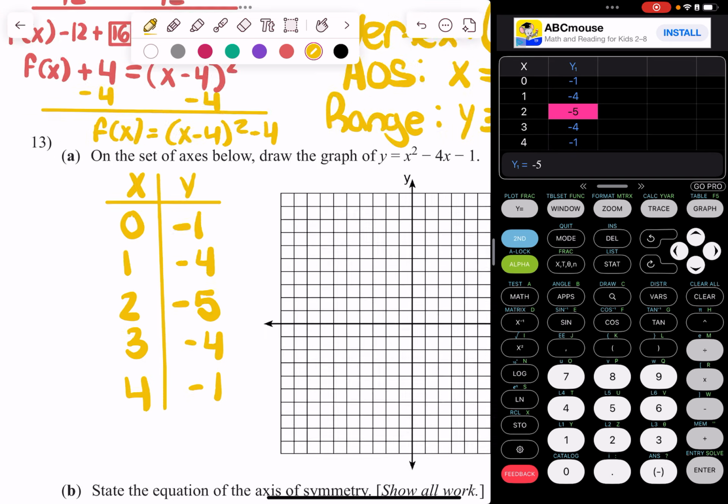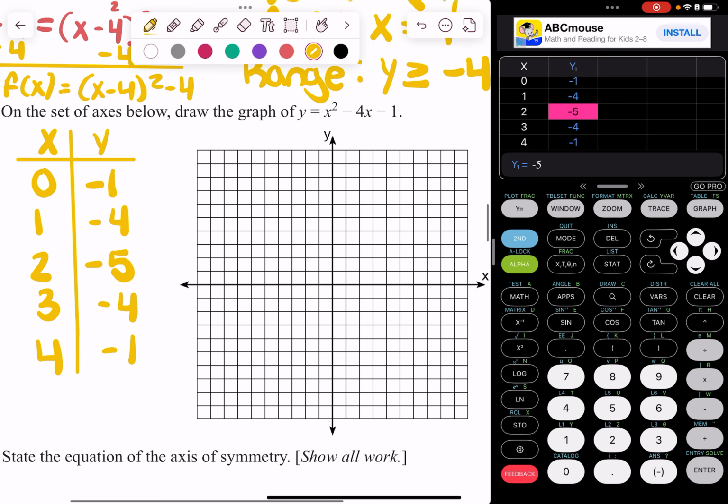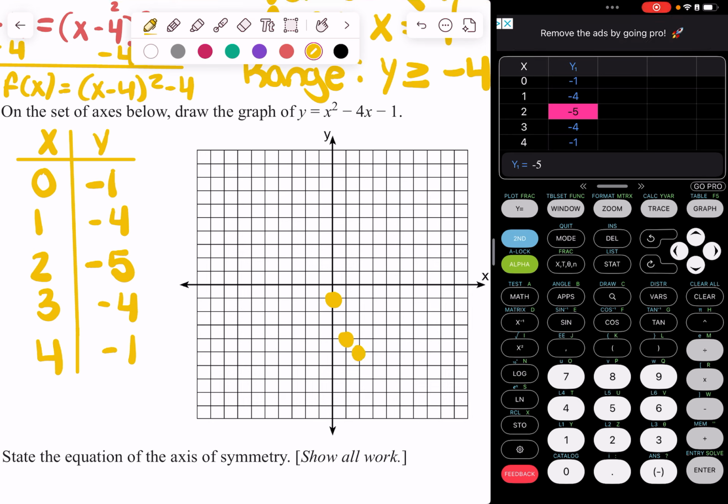All right, so 0, negative 1 means I don't go left or right, I just go down 1. 1, negative 4 means I go to the right 1 and down 4. 2, negative 5 means I go to the right 2, down 5. 3, negative 4 means I go to the right 3 and down 4. And 4, negative 1 means I go to the right 4 and down 1.